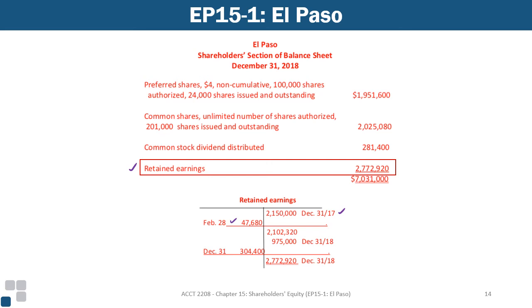Then there was the net income of $975,000, and then the dividends on December 31st also closed, leaving an ending balance of retained earnings of $2,772,920. And when we do all the math, the shareholders' equity section of El Paso's balance sheet would add up to $7,031,000.